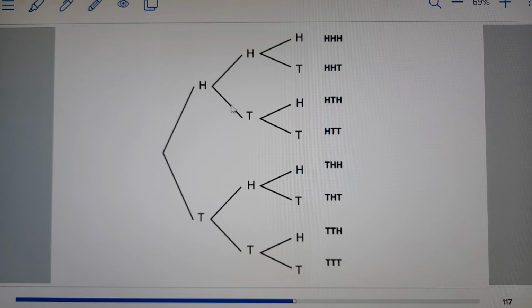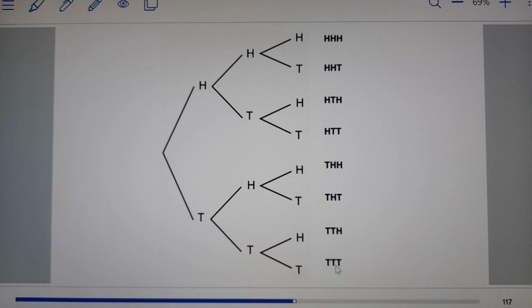We have head, tail, tail. Okay, and we have tail, head, head. And we have tail, head, tail. And we have tail, tail, head, and we have tail, tail, tail.